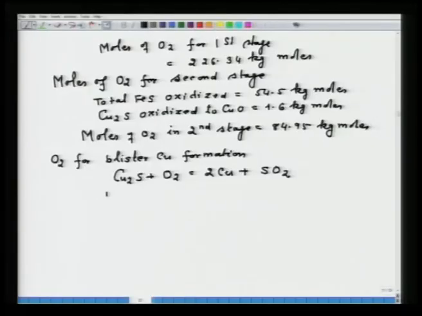Both ways you can do it. If you do this, the moles of O2 for this stage will be 162 kg moles.